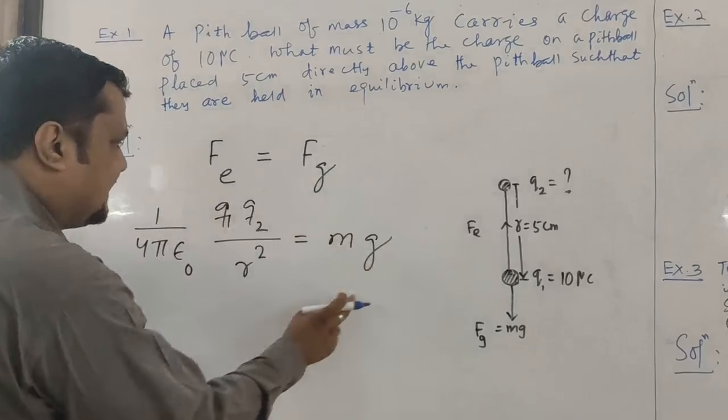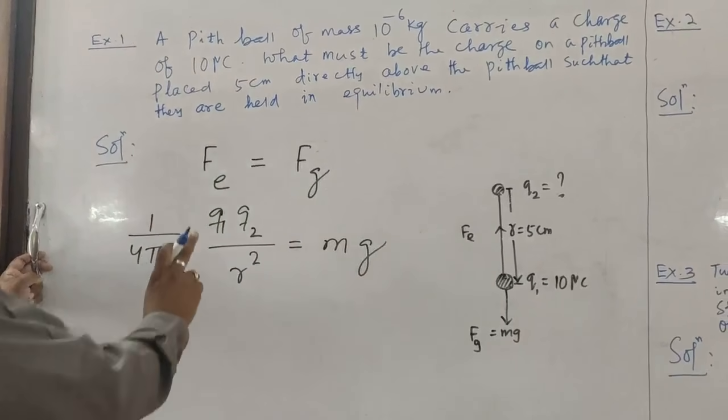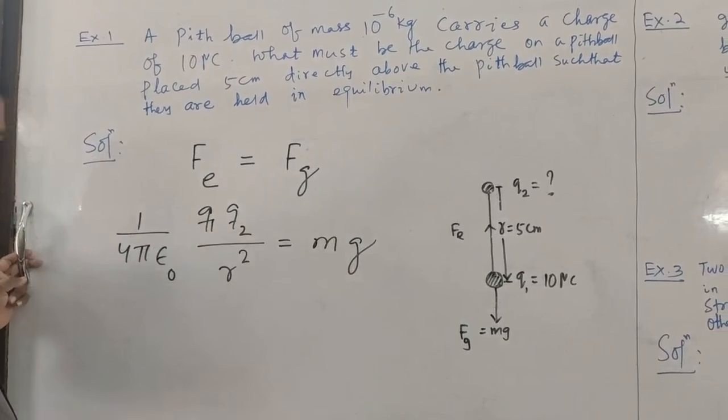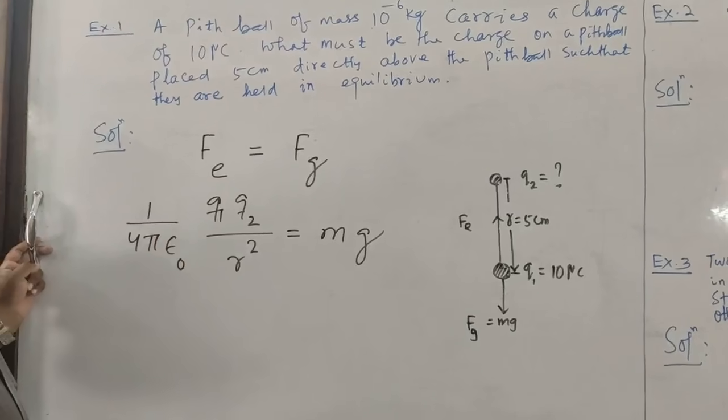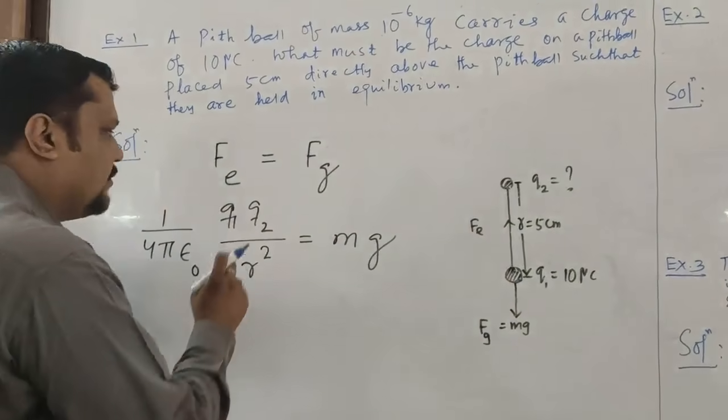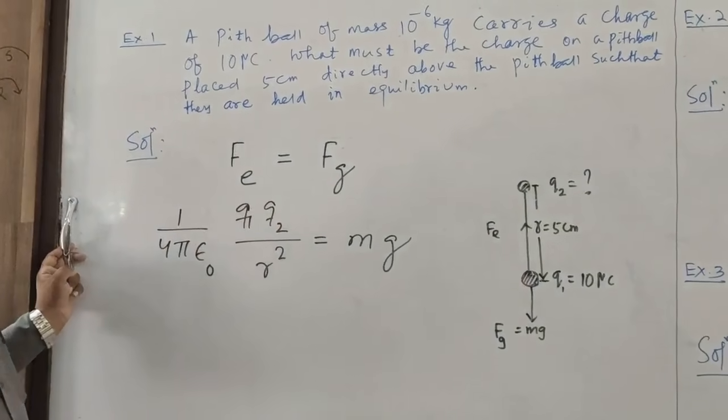So here all the things are given. You write it here. You know 1 by 4 pi epsilon naught. Q1 is given, r is given, the mass of this pith ball is given, and the acceleration due to gravity is known. So you have to calculate Q2.